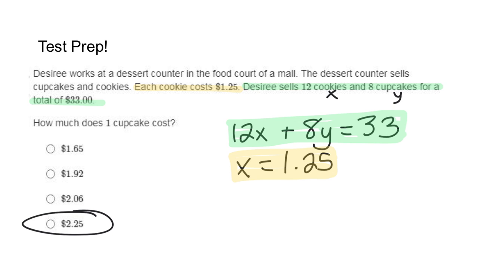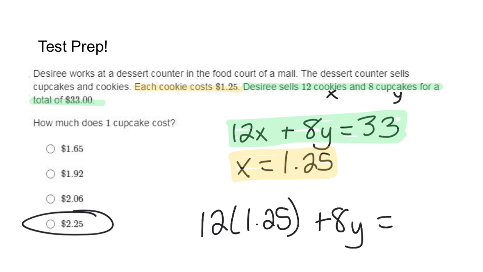In this one, this was a little bit different too. We get this equation for Desiree's total, and that one's pretty easy to come up with, but then figuring out the second equation is a little bit tougher. But since they tell us that a cookie is $1.25, I can say that x would equal $1.25, and I could graph this. Or you might have instead just done 12 times $1.25 plus 8y equals 33 and solved that.